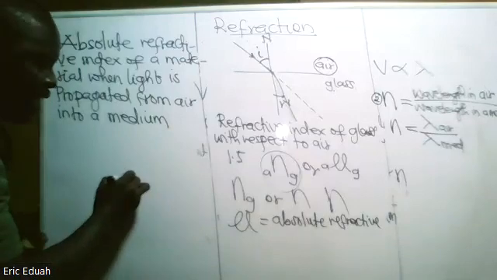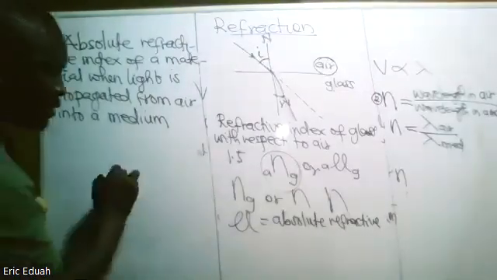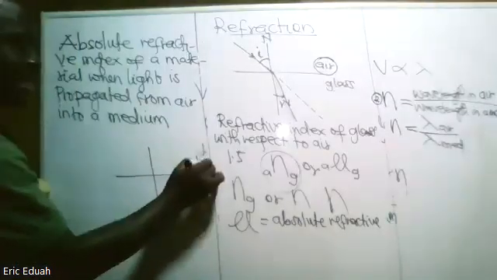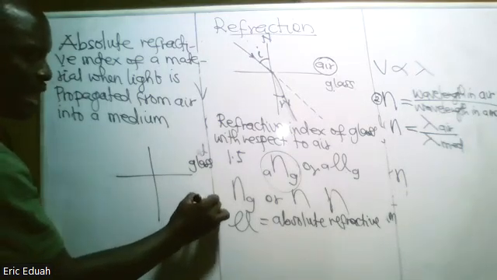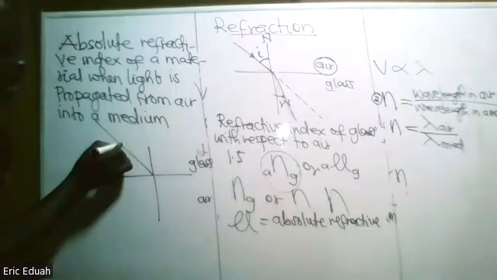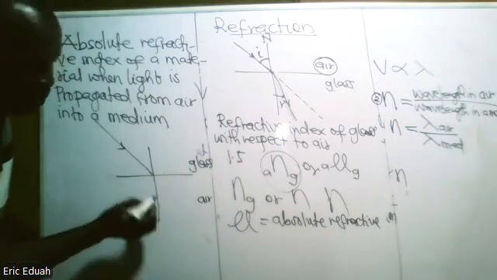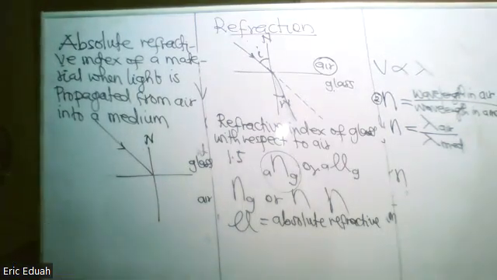Now, assuming we have this situation where the first medium is glass, then the second medium is air. Light is propagated from the glass and enters into air. Will the deviation be towards the normal or away from the normal?